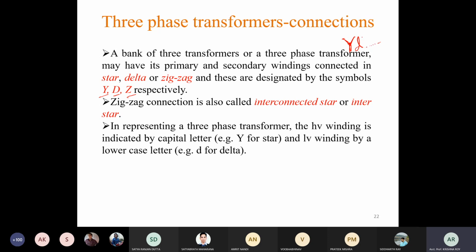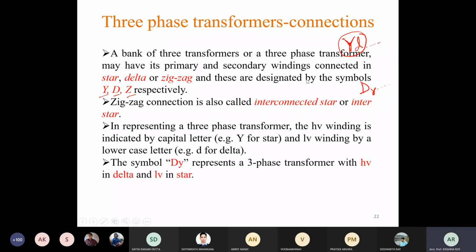First of all, the connection of two windings. If it is delta-star, then first you have to write capital D, that means high voltage winding in delta, then low voltage winding in star, Dy, then you have to write the group. So Dy represents a three-phase transformer with high voltage in delta and low voltage in star.